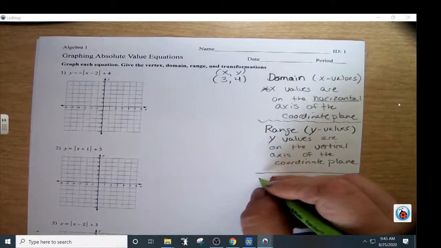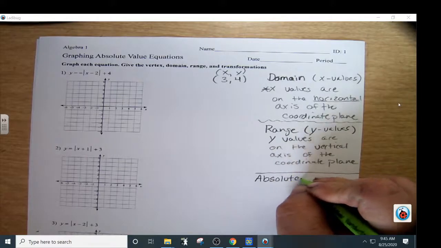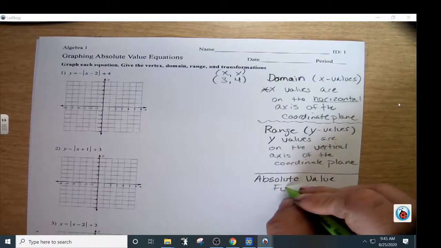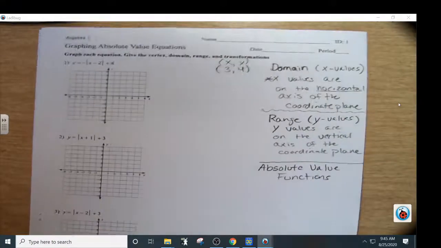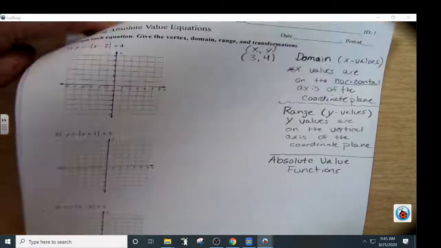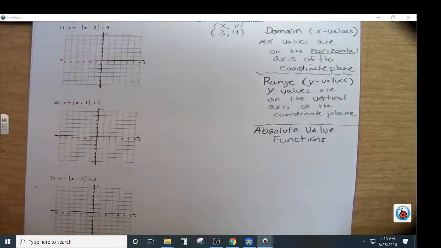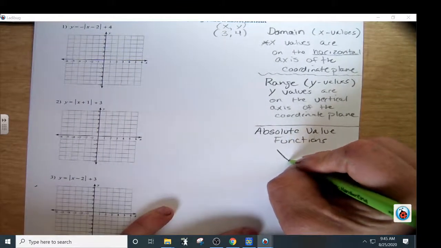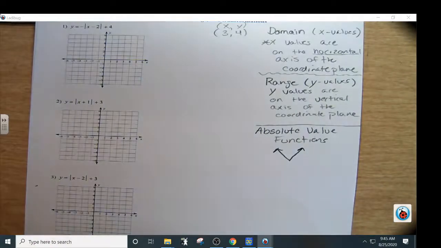Now let's talk about absolute value functions for a minute. We're gonna get very basic. We're gonna start with the very basic stuff about an absolute value function. Its graph looks like a V. That's what it looks like when you graph it.